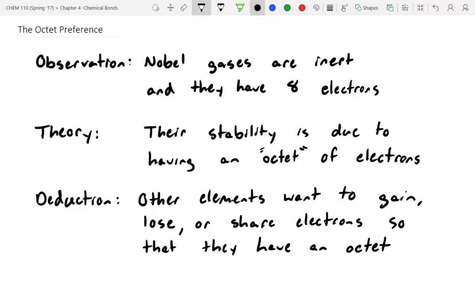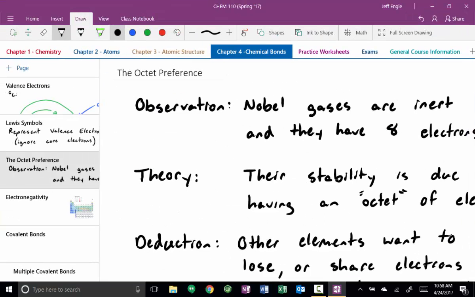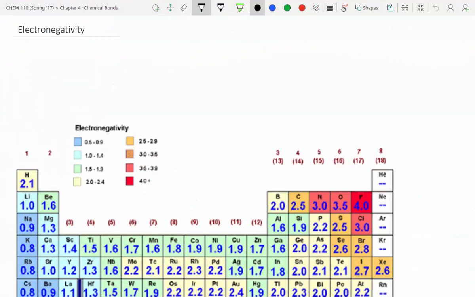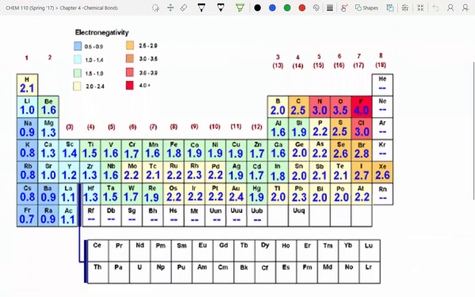But in order to understand this, we have to talk about something called electronegativity. And you guys don't have to copy this table down unless you want. But if you go on Google and you look up electronegativity, you might see a table like this. Looks like the periodic table, but it's got numbers in the top right-hand corner, or in the box.